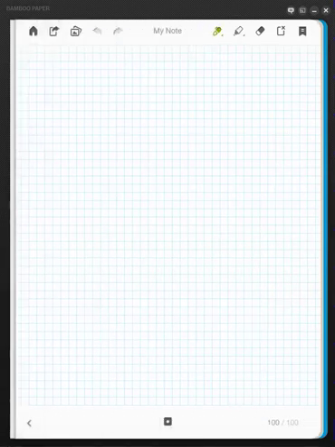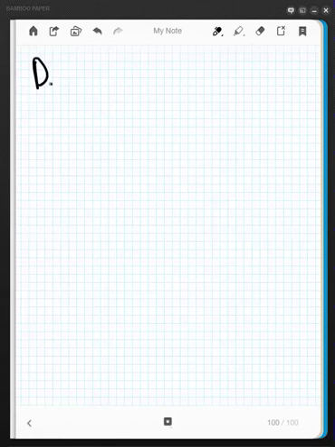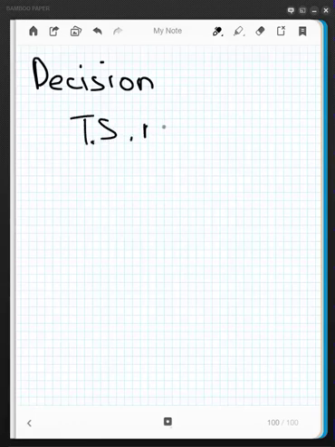Now, the last thing that I want you to be able to do is to make a decision, right? And your decision is whether your test statistic lies in a rejection region. So you ask: test statistic in rejection region?